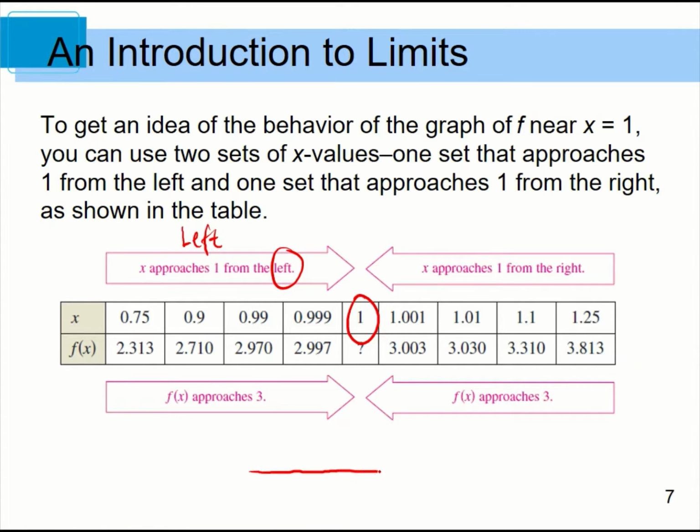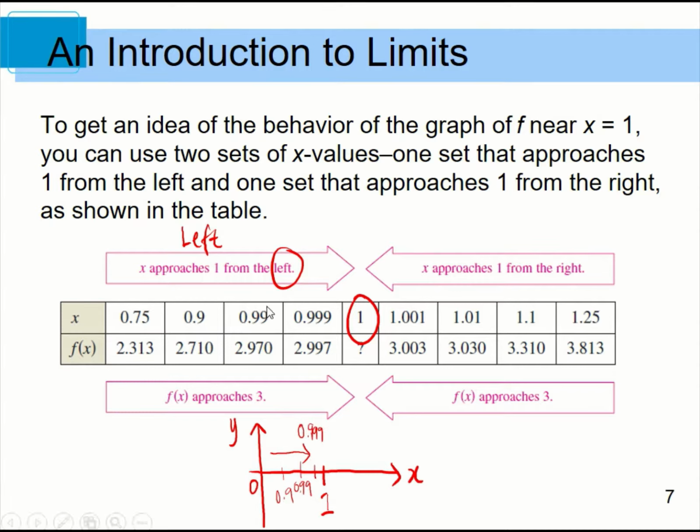Imagine this is the graph, with x and y. This is 0, and let's say 1 is here. This is the value 1. When x is getting closer to 1 from the left-hand side, we have 0.9, 0.99, and 0.999.